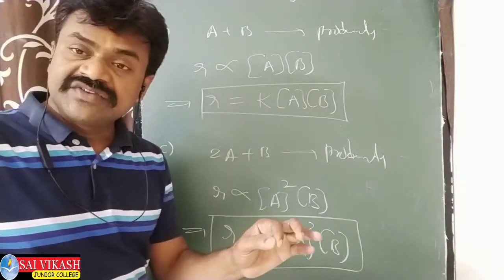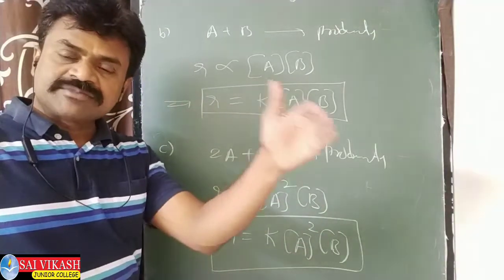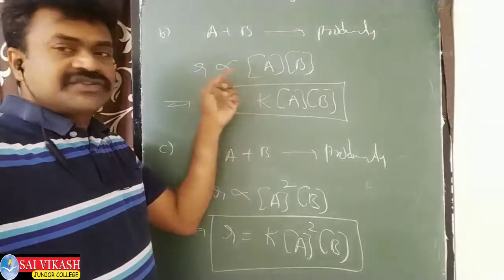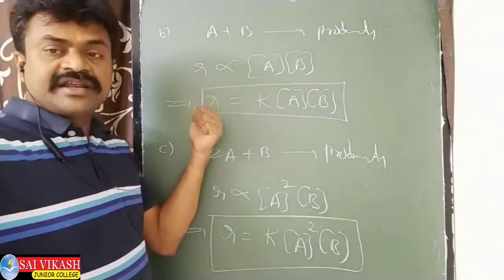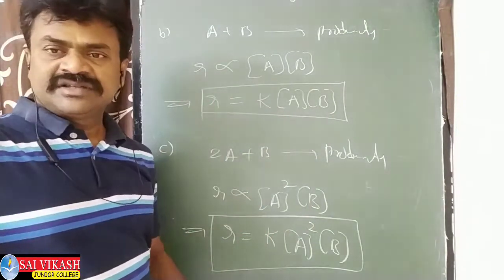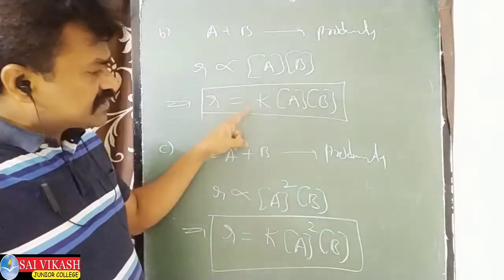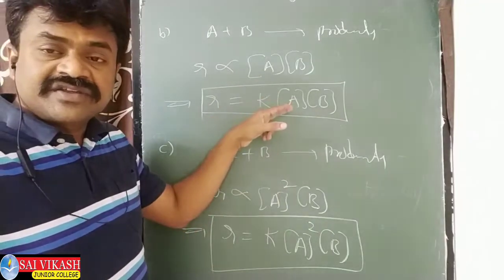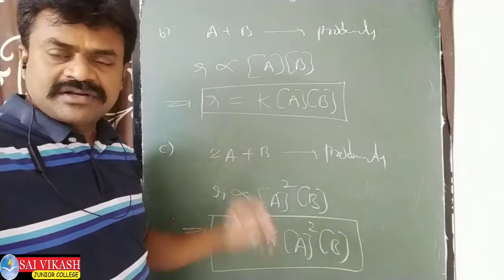This rate equation we can use to solve some types of questions. Suppose if A concentration gets doubled, then what will be the rate of the reaction? When concentration increases, rate also increases. If concentration of A gets doubled, rate also gets doubled.